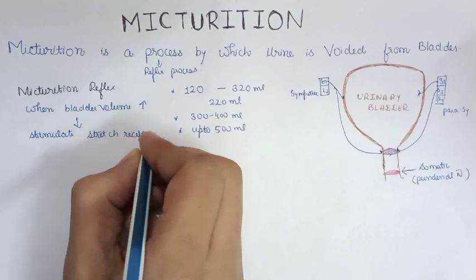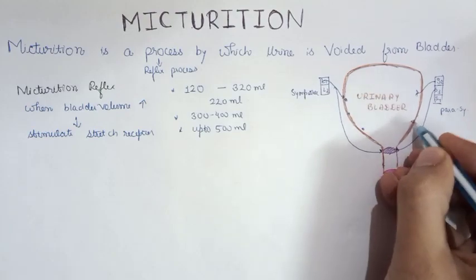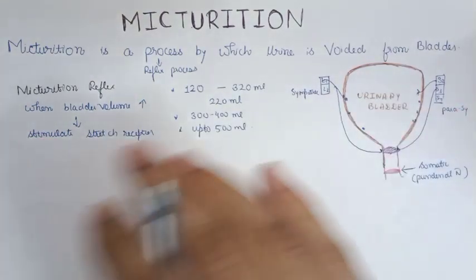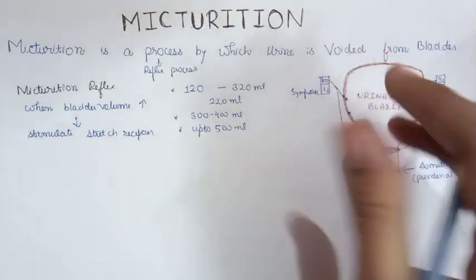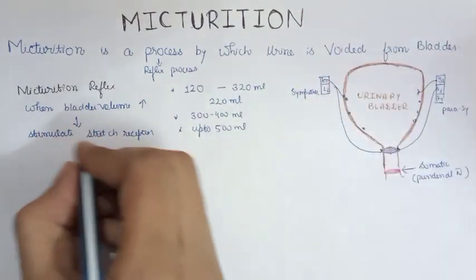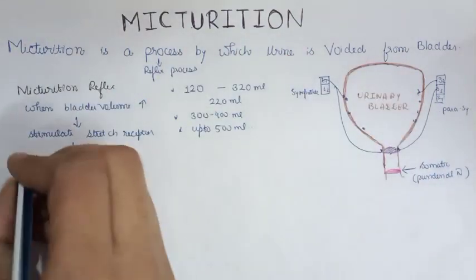So let me tell you, there are multiple stretch receptors present along the walls of the bladder that carry the sensory innervation from the bladder to the sacral part of the spinal cord. So they stimulate the stretch receptors. So the sensory innervation goes via the pelvic nerve.